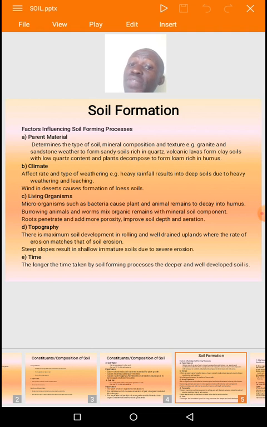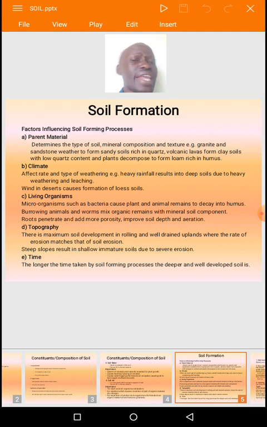The ones from sandstone have high quartz, while the ones from volcanic lava have less. And the plants decompose to form loam soils rich in humus. What is important is that the rock that was there is very important in determining the soil that will form in that area. That's the gist of the point.